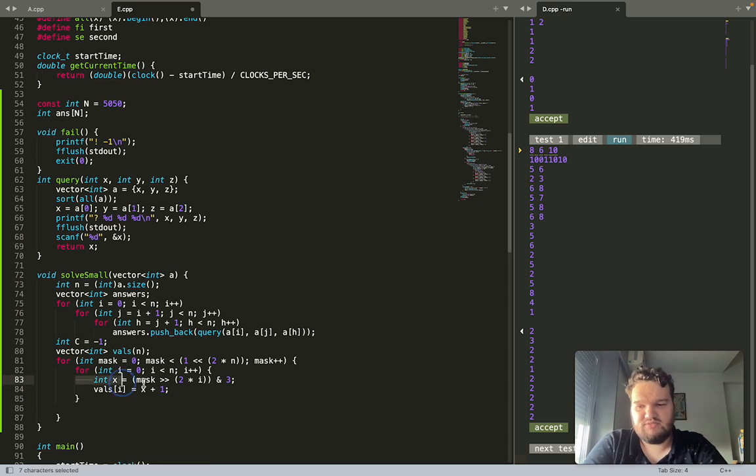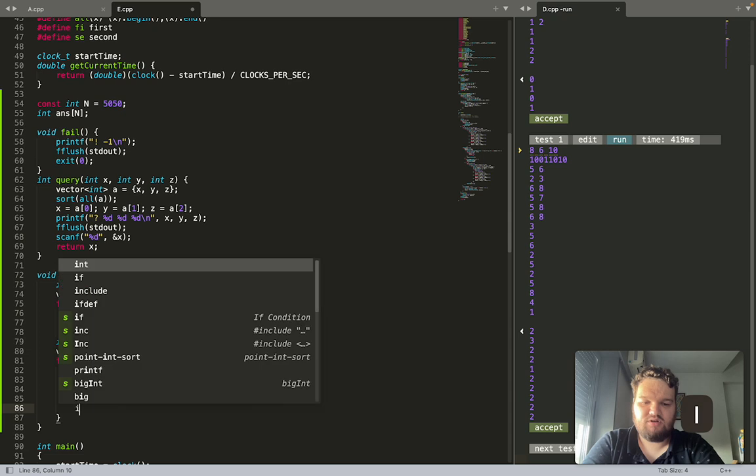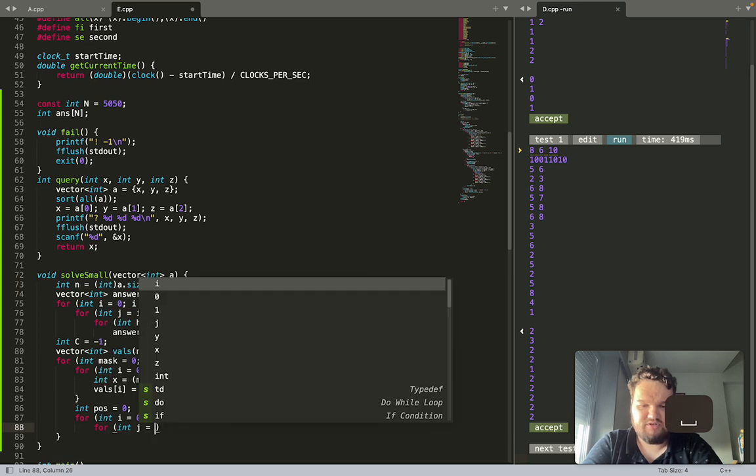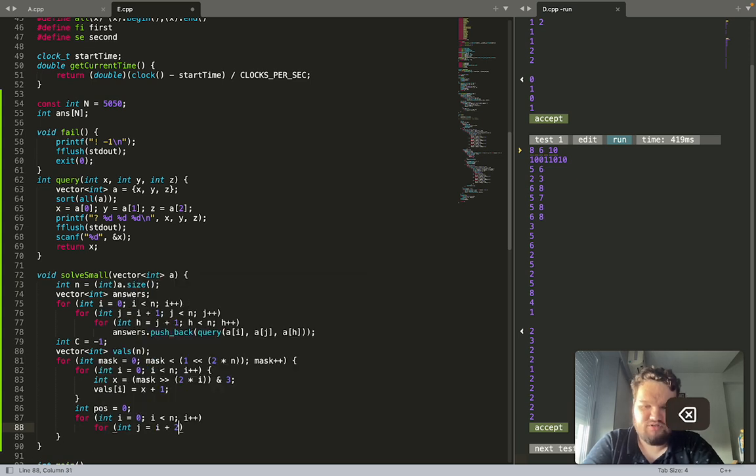Okay, so those are the prospective values that I want to check, and now I will iterate in the same order over all the triplets and check if all the answers are what I expect of them.